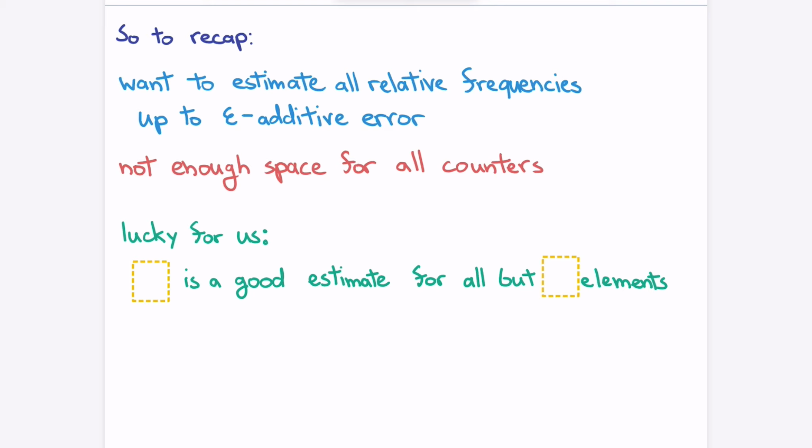Okay, so there's maybe 1 over epsilon heavy hitters, so maybe you can keep track of all of those. Let's say you even knew the heavy hitters, for some magical reason, everyone with value at least epsilon. So those counters, maybe you need some counters for each one. But what about an element whose frequency is epsilon over 2? Or just 0.00001, very close to 0. So for most of the elements, all but a few big ones, 0 is a good estimate in this regime.